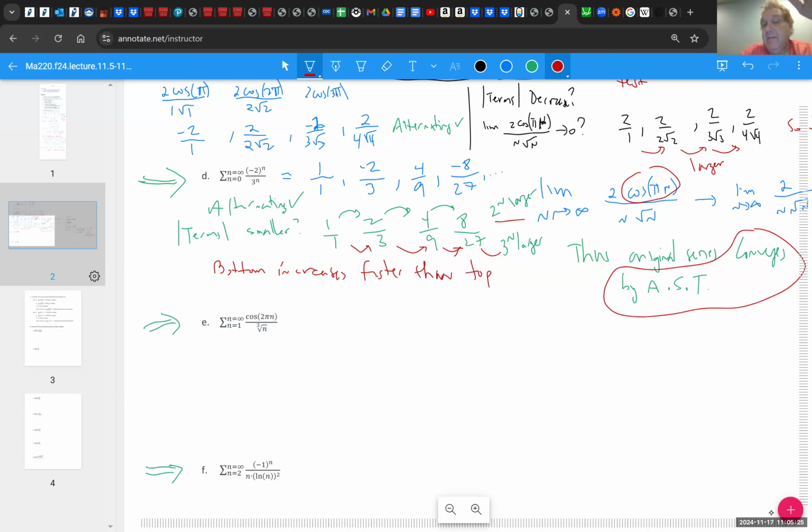So what does that mean? That means the bottom is getting larger and larger. Bottom denominator, if I use the official word, getting larger. That means the fraction is getting smaller.